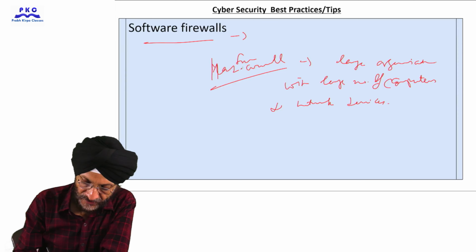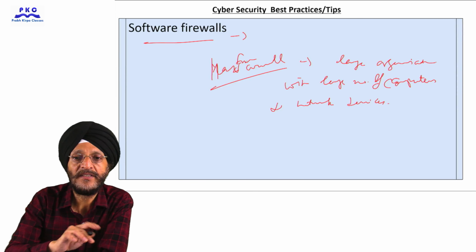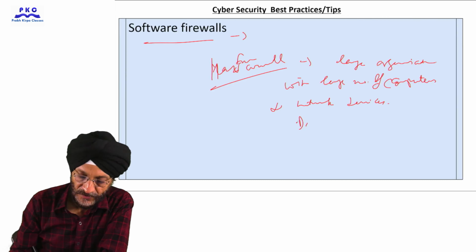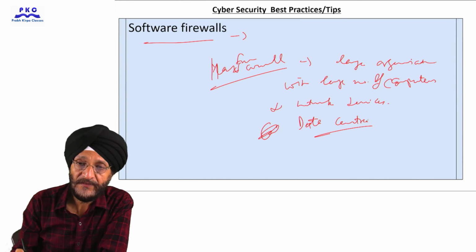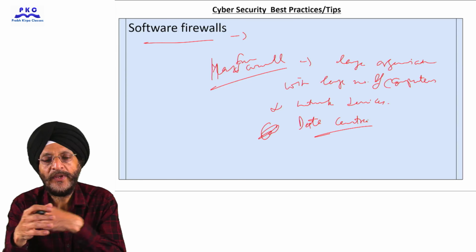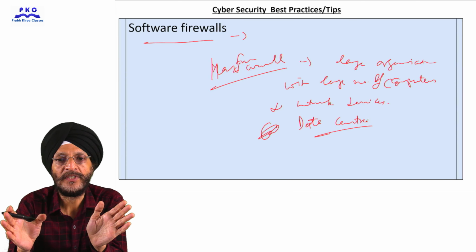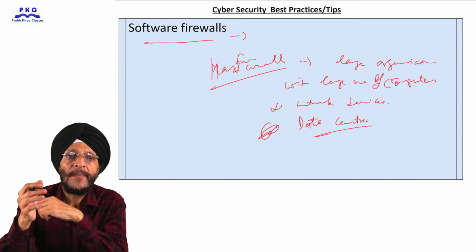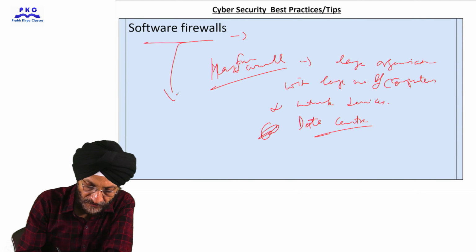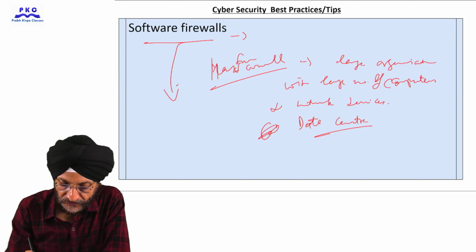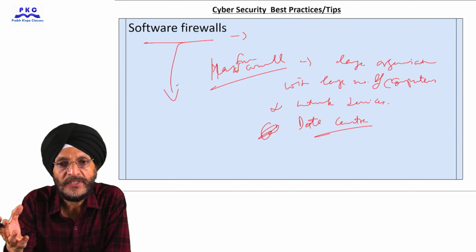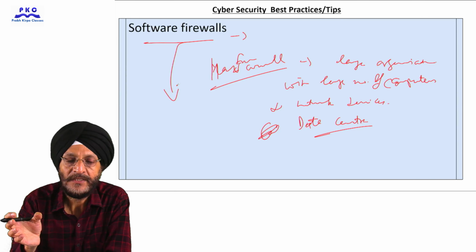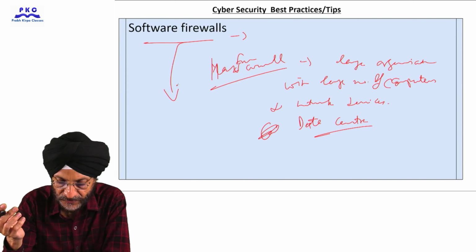Hardware firewall, which we have discussed earlier, is used in data centers, and even in offices if we have a large number of computers or network devices. But this software firewall is mostly used for home users or by small shopkeepers or small businesses.